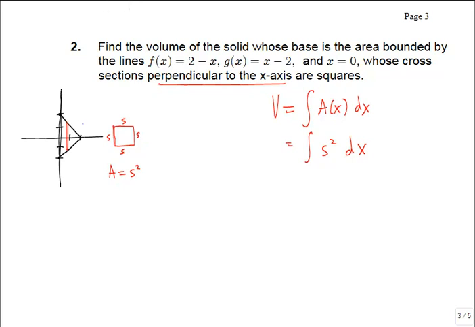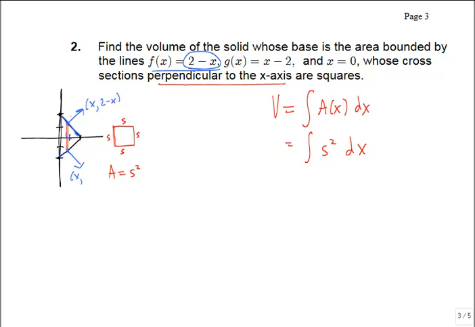Now to do that, we're going to find our coordinates again. So we need this top point and this bottom point. They both line up, so they both share the same x. The top point lies on this top line, which was our f of x, and its y value is given by this formula. So y is 2 minus x.